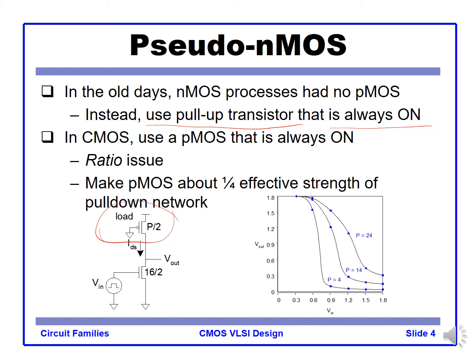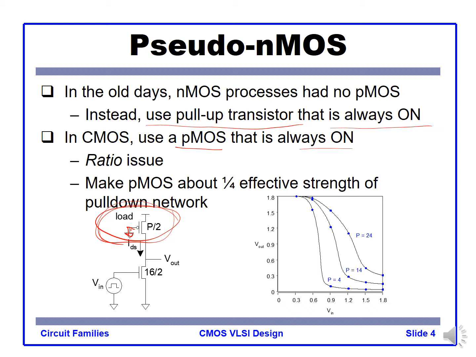But in CMOS, complementary MOS device technology, we were able to use PMOS and use a similar approach from the old days. We make the PMOS always on by connecting the gate to ground.